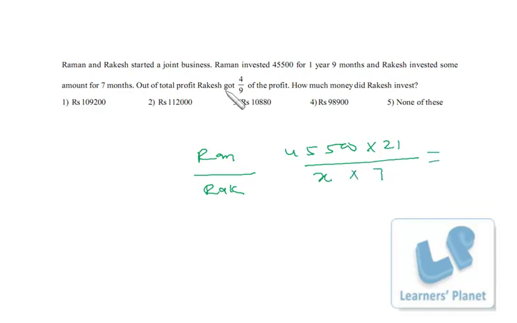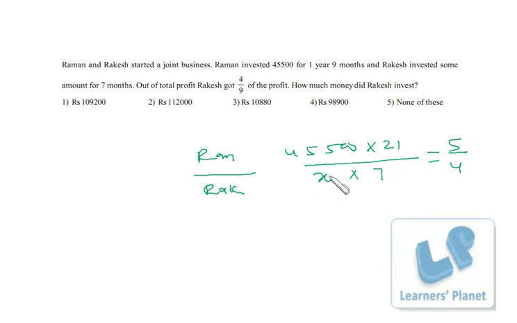And the profit ratio, Rakesh is 4/9, that means Raman must be 5/9. So the profit ratio of Raman to Rakesh is 5/4, right? Rakesh 4/9, that means Raman 5/9. So we have taken Raman by Rakesh, so that will be 5/9 by 4/9, so that is 5/4.